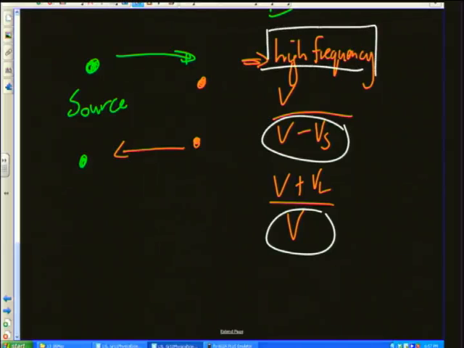So let's sketch what will happen if we get a different scenario when the source is moving away or the person is moving away. So let's start with this. The source is over there. That is the sound or the light, and it's moving away. And this is the observer here. The observer is stationary. The VL is 0.